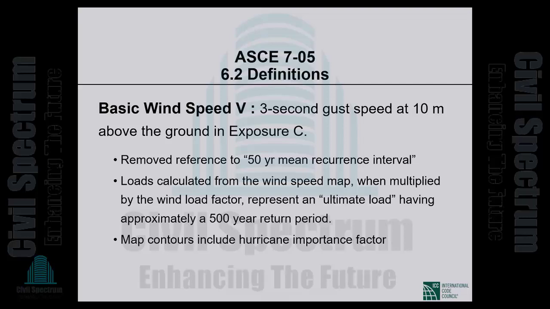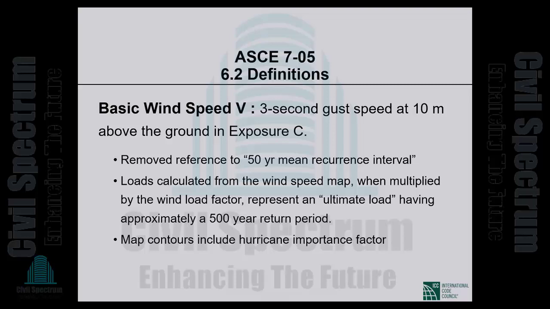Now, the reason I left this slide in and left the ASCE 7 title in is that in BNBC, it is clearly said V corresponds to a 50-year return period. In ASCE 7-05, there is no reference to 50-year return period. That was removed. ASCE 7-02 had that. ASCE 7-05 says loads calculated from the wind speed map when multiplied by the wind load factor represent an ultimate load having approximately a 500-year return period.